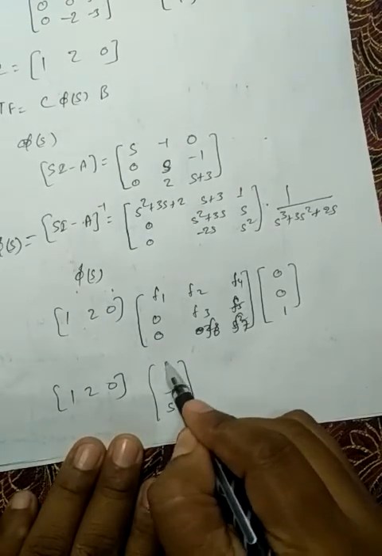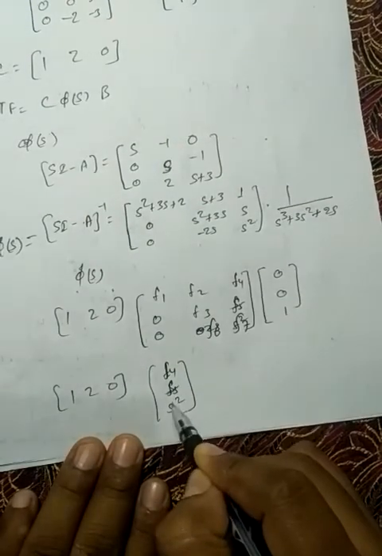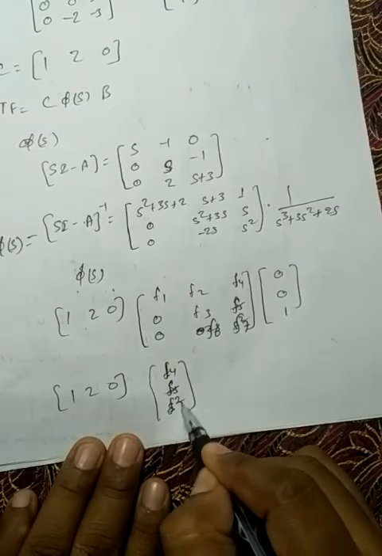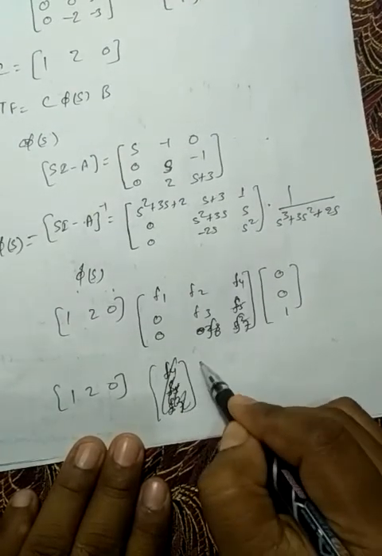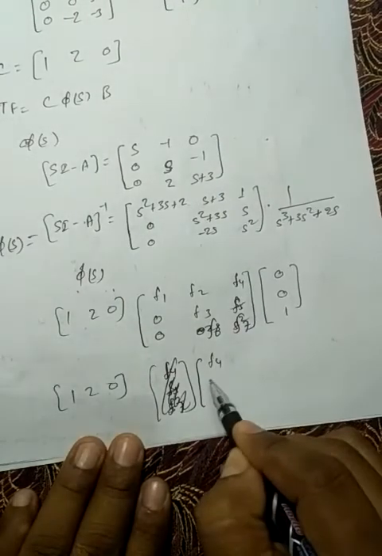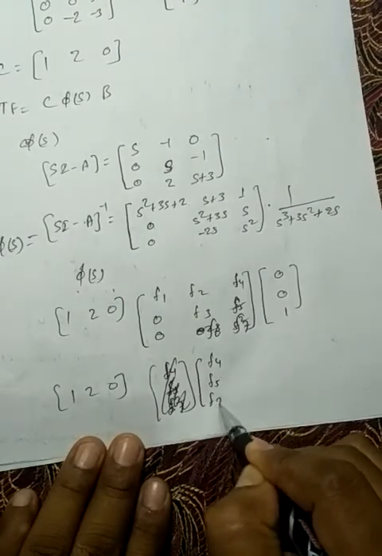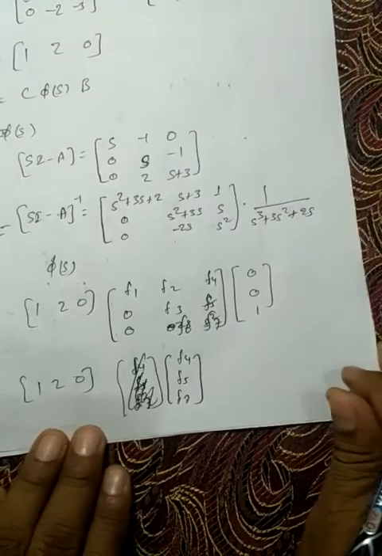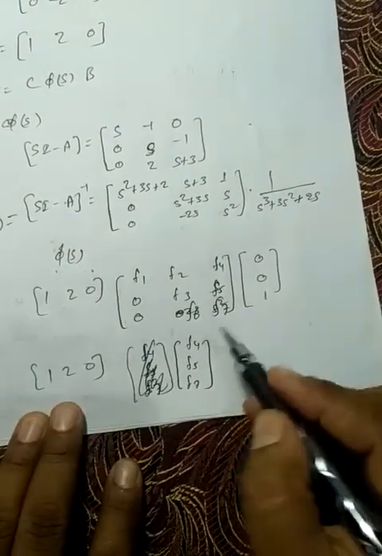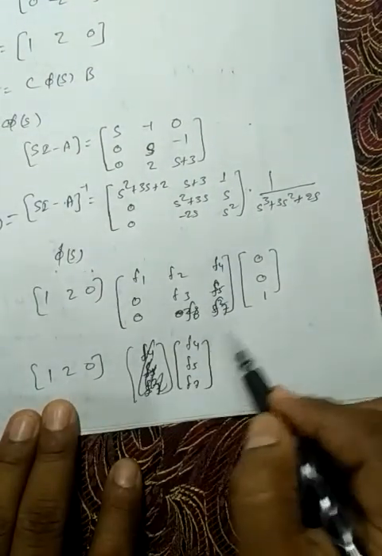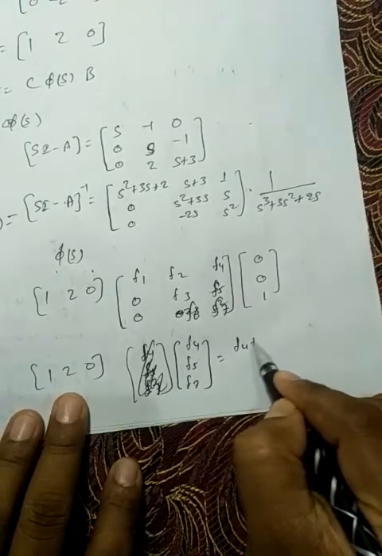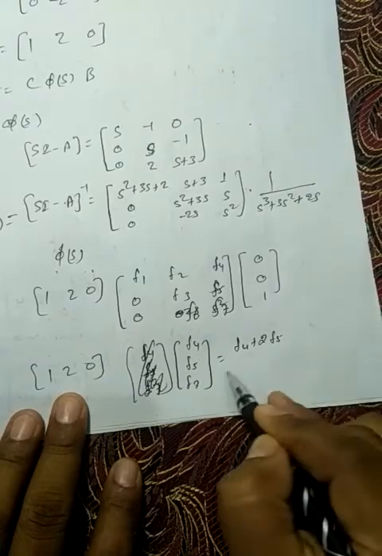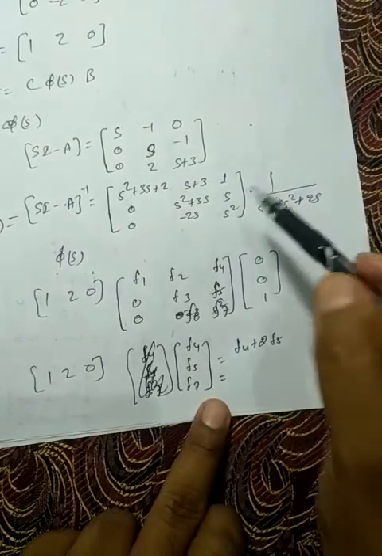We find F3, F6, F7, and after multiplying with the C matrix, we get F3 plus 2F6, and what is F3?